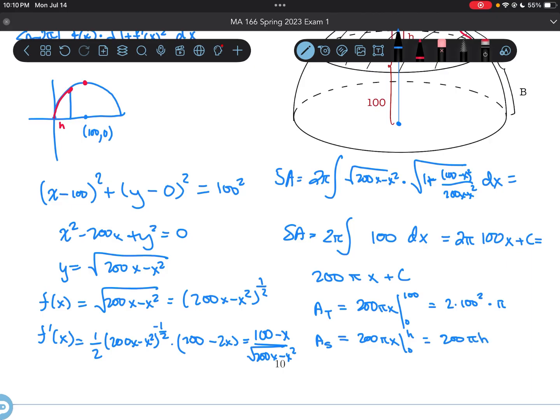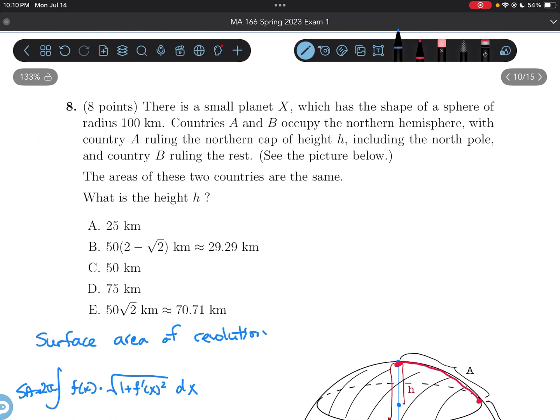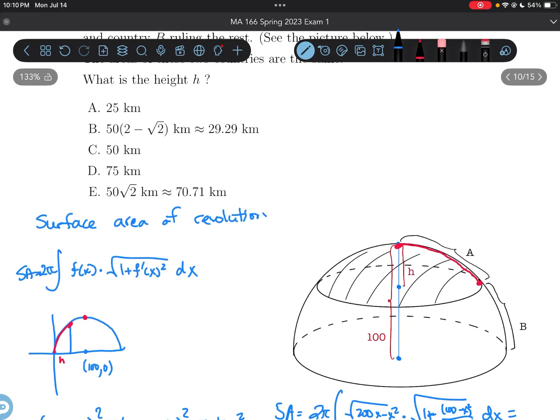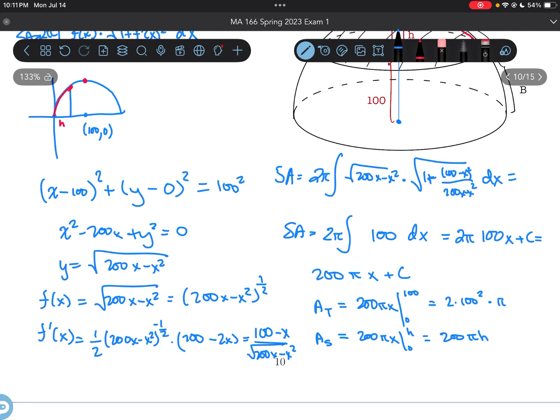And so in the problem, we're told that area A and area B have the same area, which means that the area of country A is half of the area of the total hemisphere.